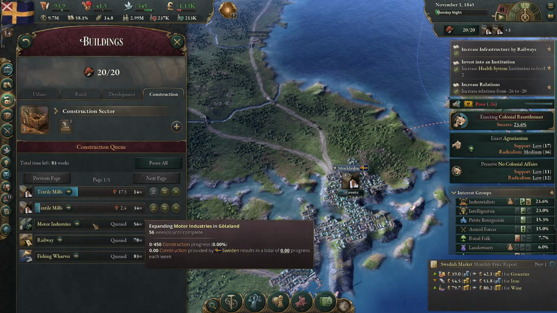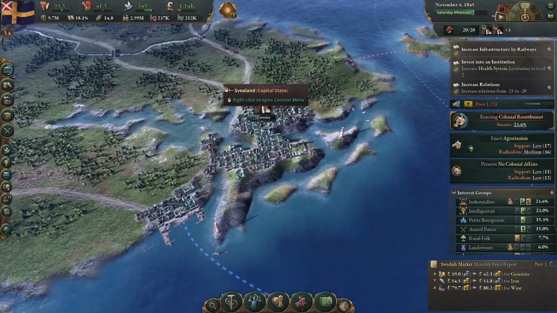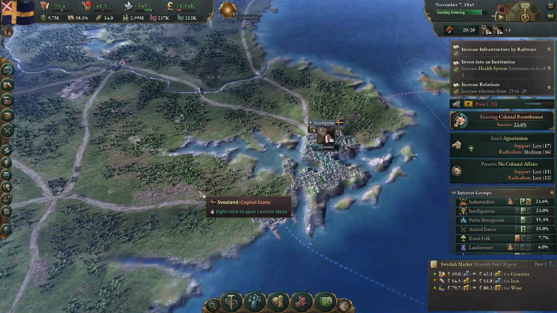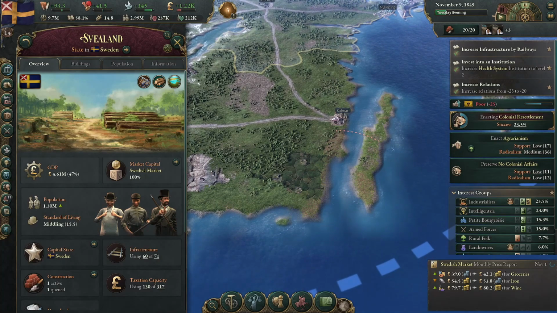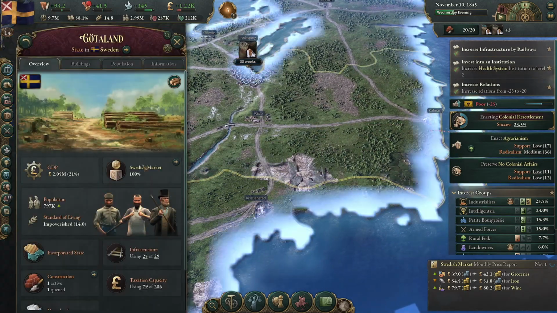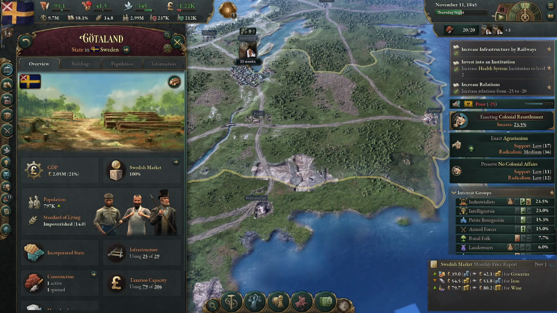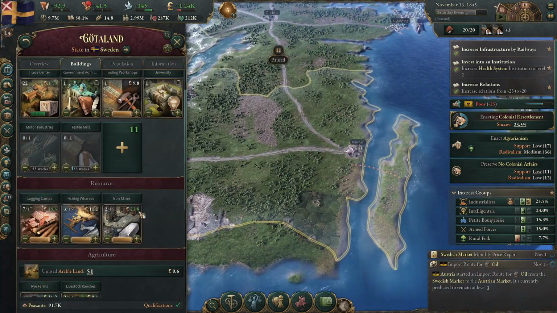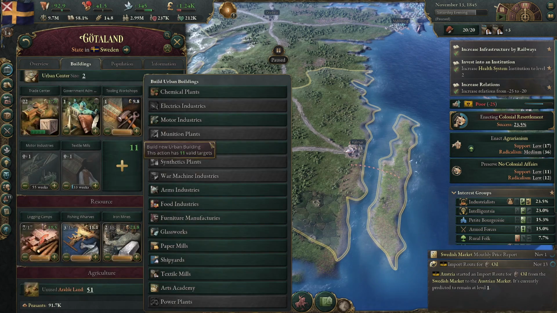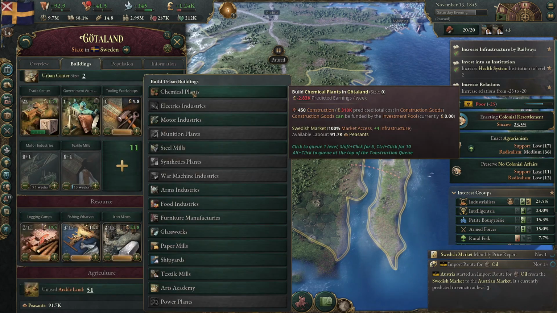Okay. We've got space here because of this. We got in Scotland, Zealand, sorry. We got 29 of 25. We get a chemical plant in here. We can.